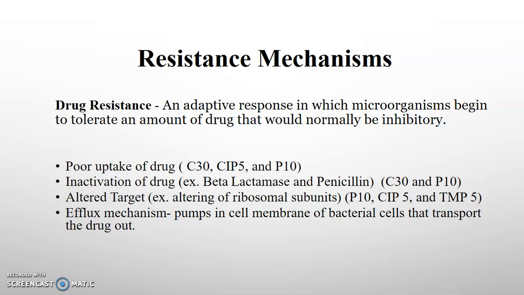So that medication will not be effective at all because those bacteria are completely resistant to penicillin. So penicillin, a lot of times bacteria are resistant to it because of drug inactivation through beta-lactamase. C30, or chloramphenicol, has shown to have some resistance as well from bacteria producing some type of chemical to inactivate it.